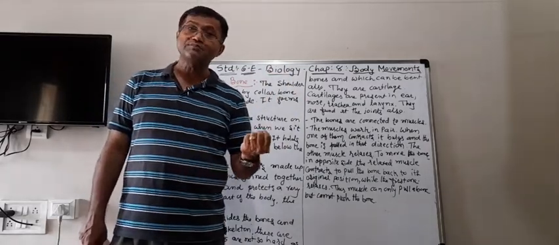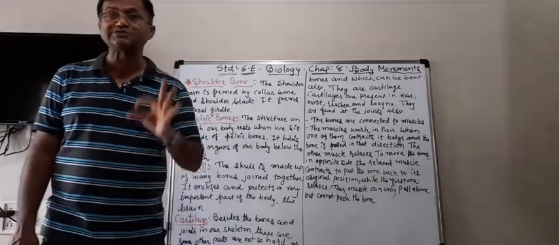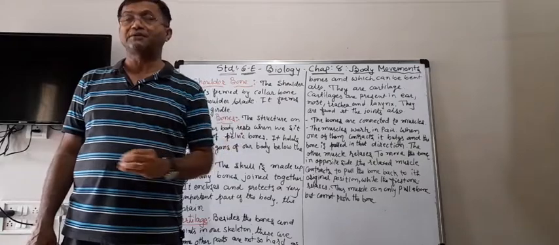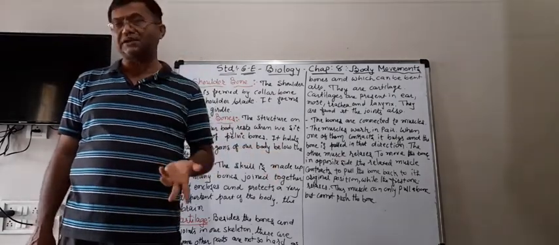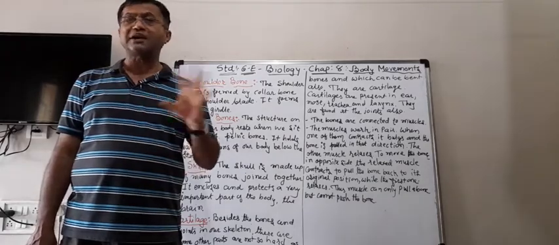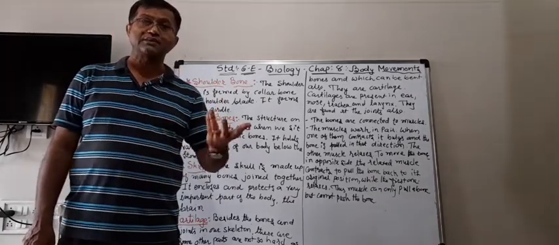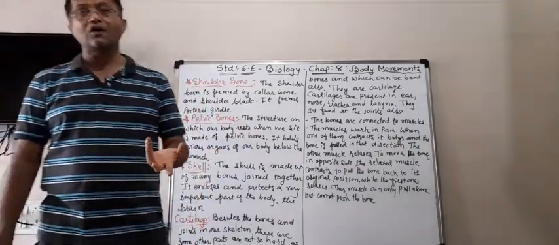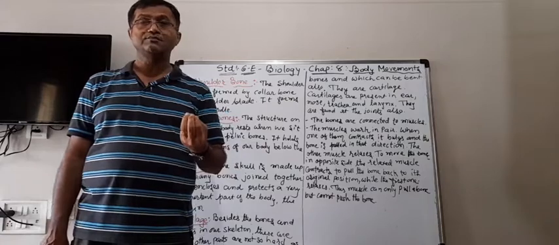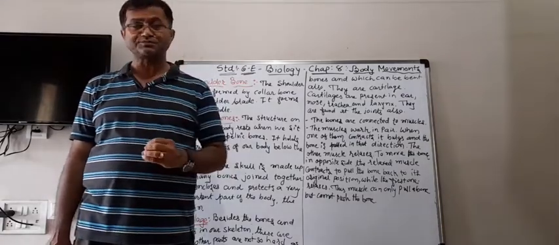Now the muscle and the bone together are responsible for movement. Only bones or only muscles in our body cannot do this process of moving. When we move a hand, a leg or anything in our body, without muscles it is not possible.